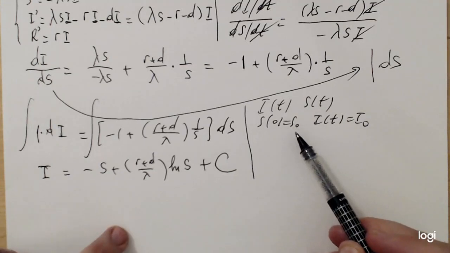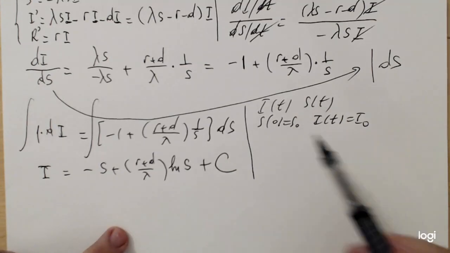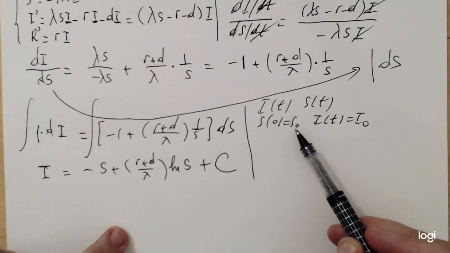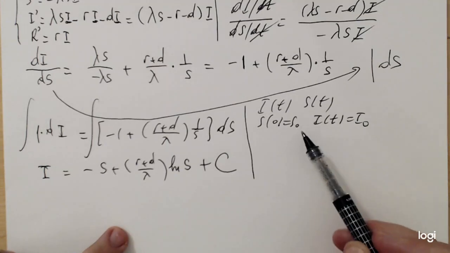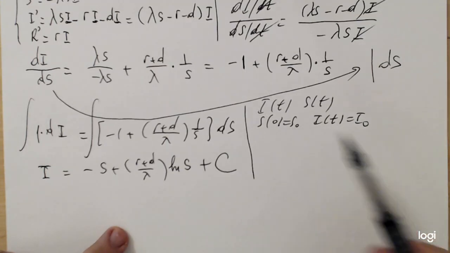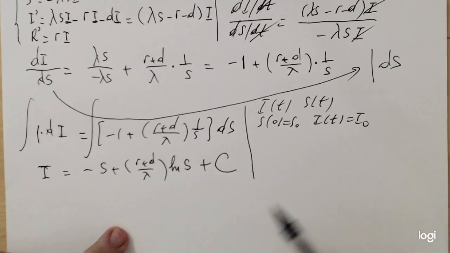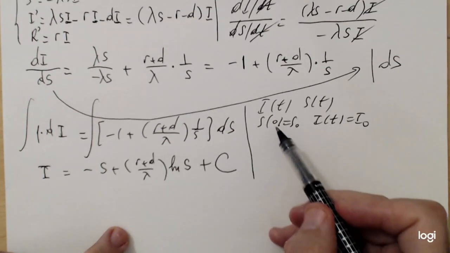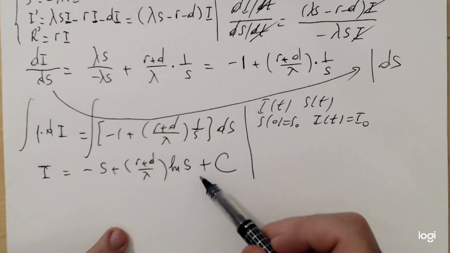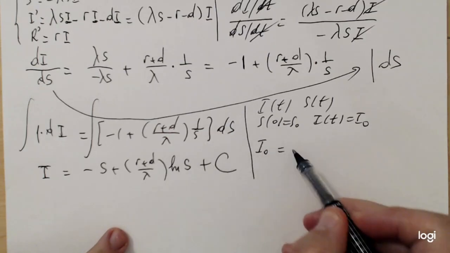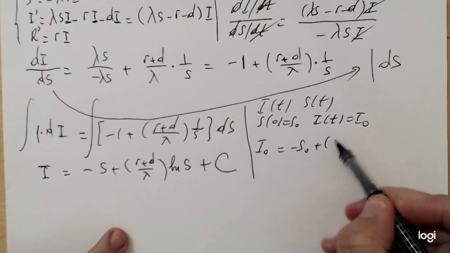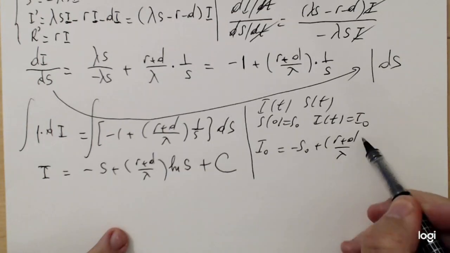So let's say S naught, I'm going to later on maybe replace S naught with 999, as I mentioned before. S naught is the initial susceptible class, I naught the initially infected class. So when I plug in 0 for t, this entire equation will give me a way to compute the value of the integration constant.